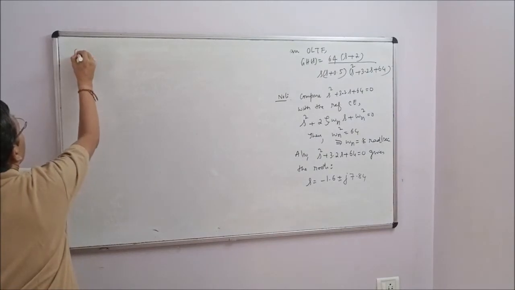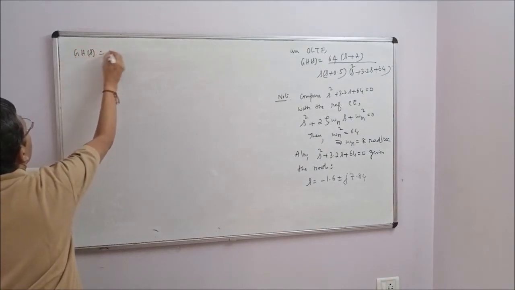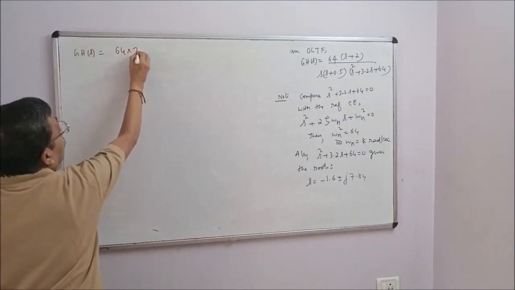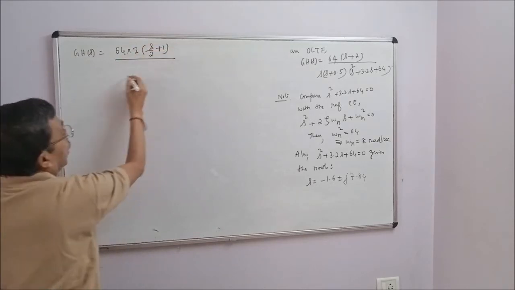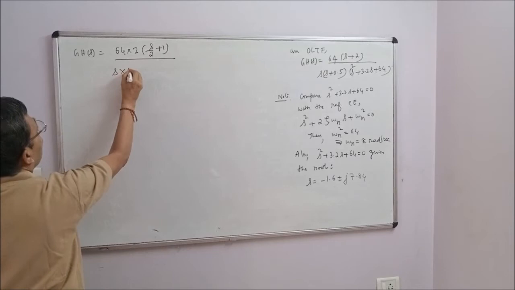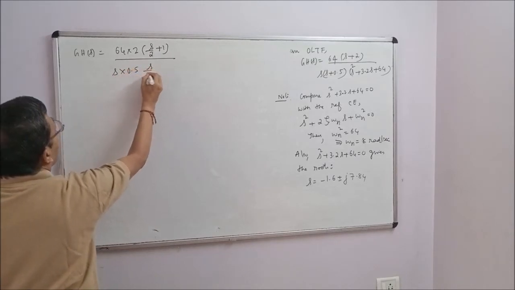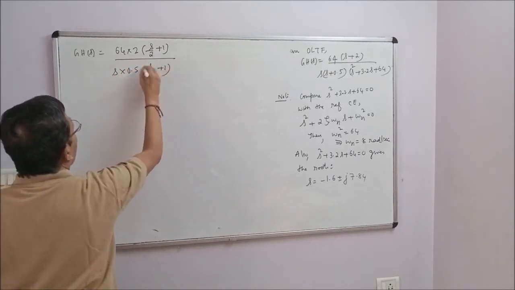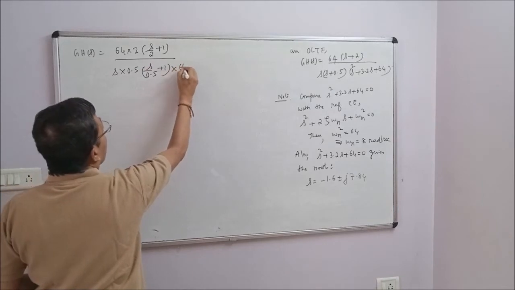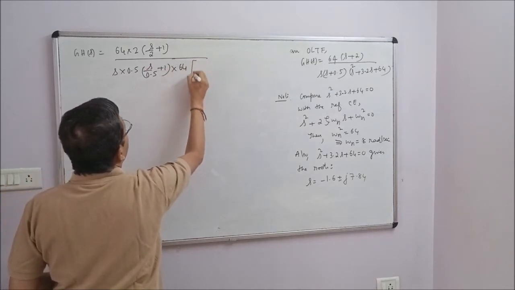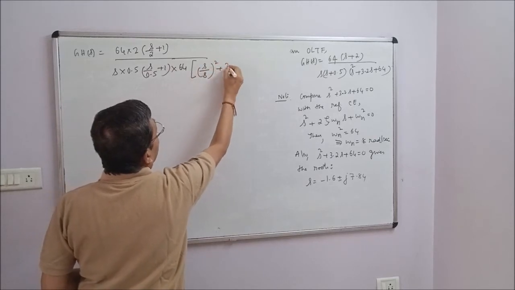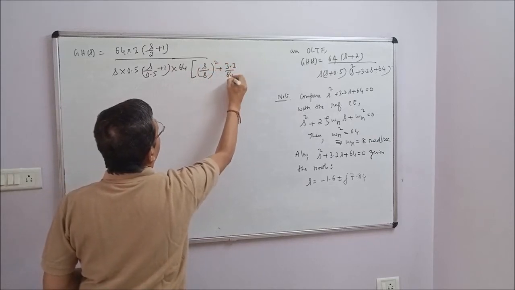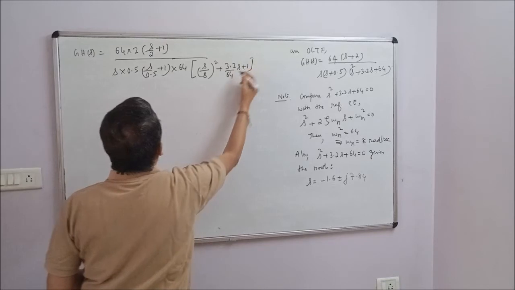So, GH of S is equal to 64 into 2 S by 2 plus 1 divided by S into 0.5 S by 0.5 plus 1 into 64 multiplied by S by 8 whole square plus 3.2 by 64 into S plus 1.